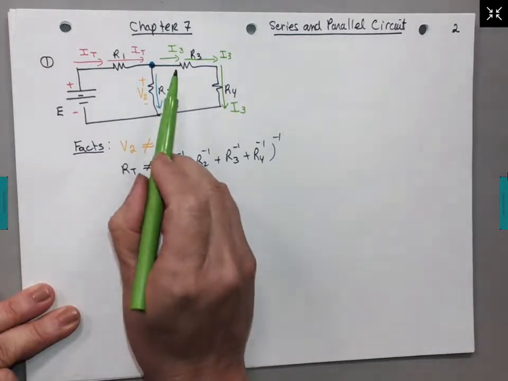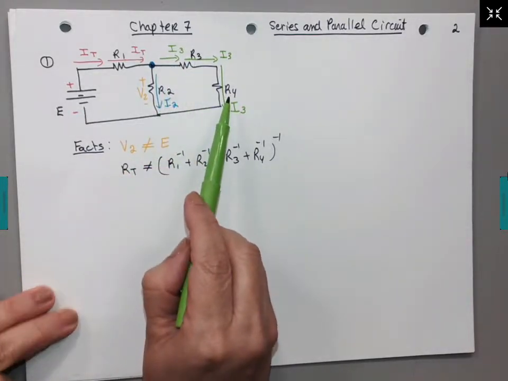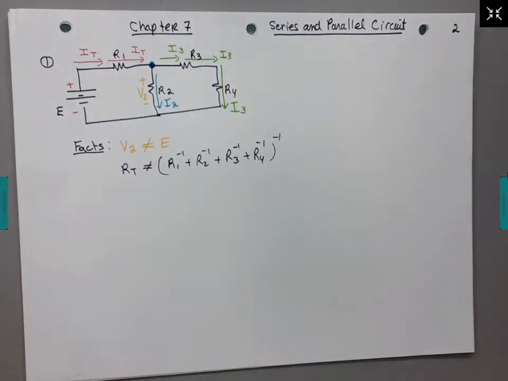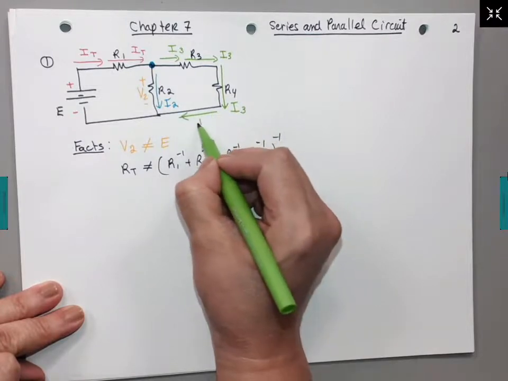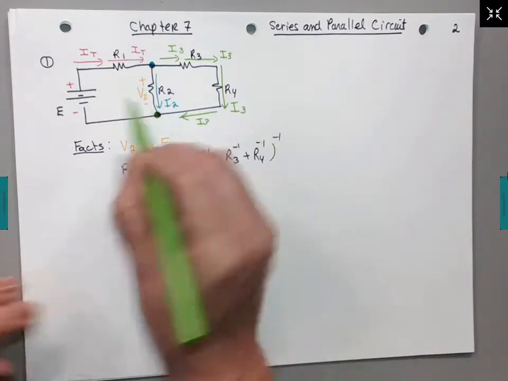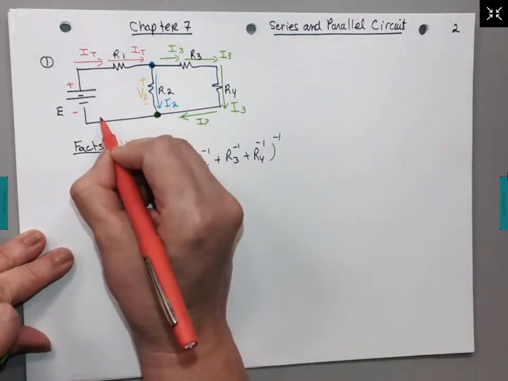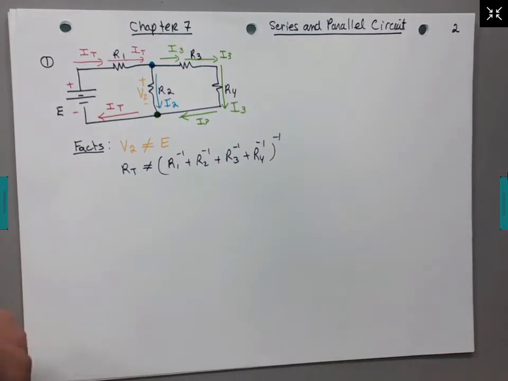So that tells me, look at the current going through R3 and R4. There is the same current. Therefore, R3 and R4 are in series because they have the same current. Then they come, I3 keeps coming, I2 comes right there, and then at this node, they combine and he becomes IT. Yes? Does that make sense?